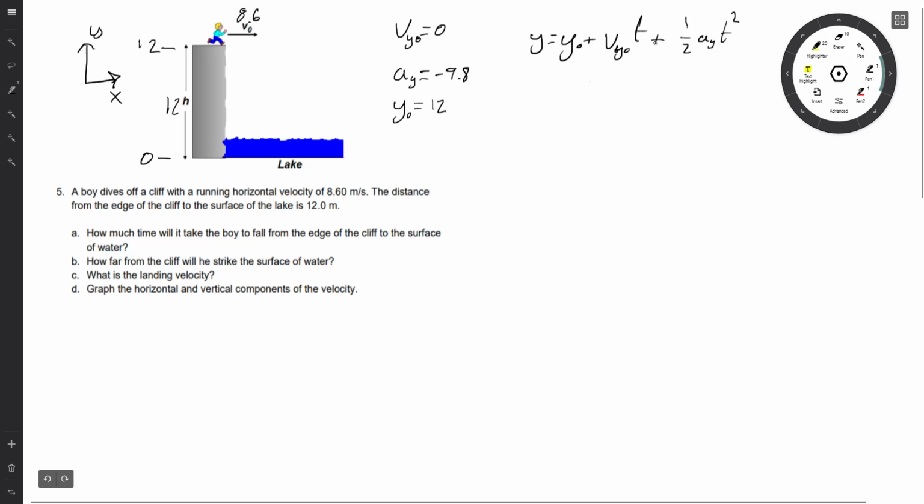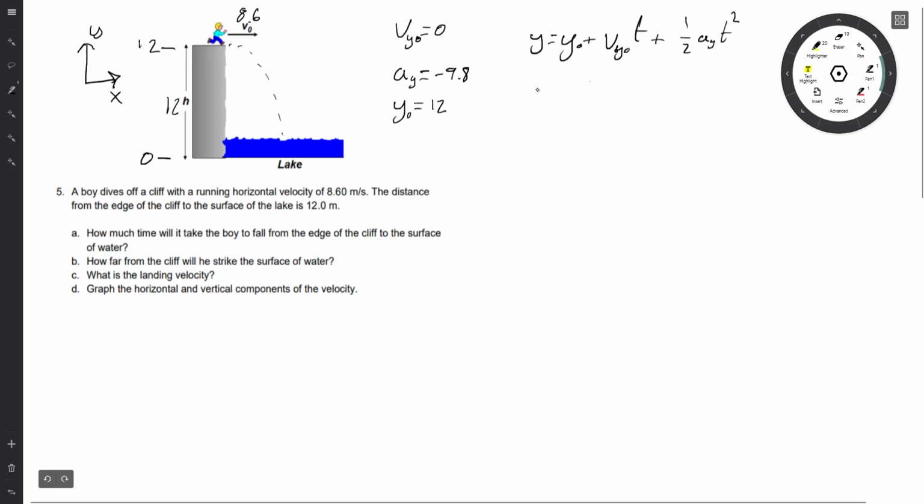And that's just one of our kinematic equations describing position with initial velocity and acceleration. So let's input some values and see if we can solve this here. We know our final position y is going to be when the boy reaches the bottom, because he's going to do this motion here.